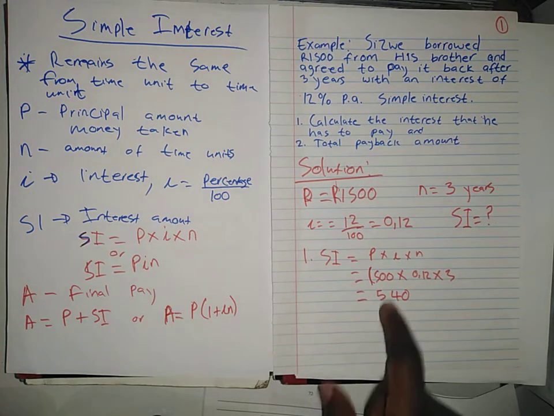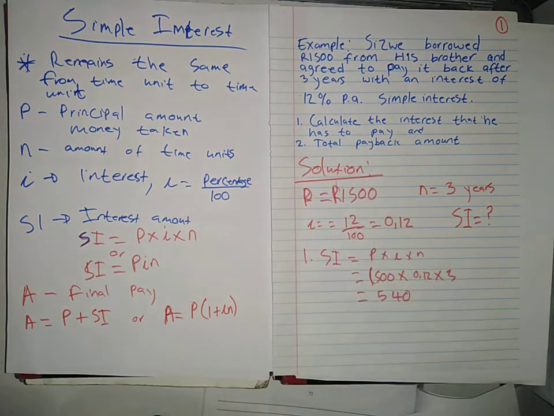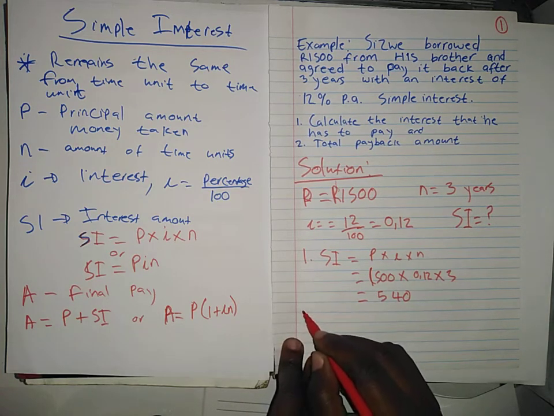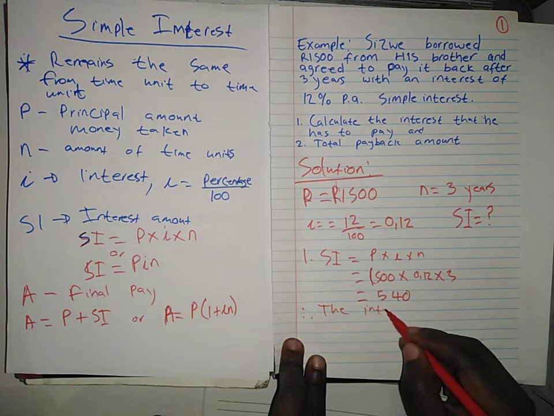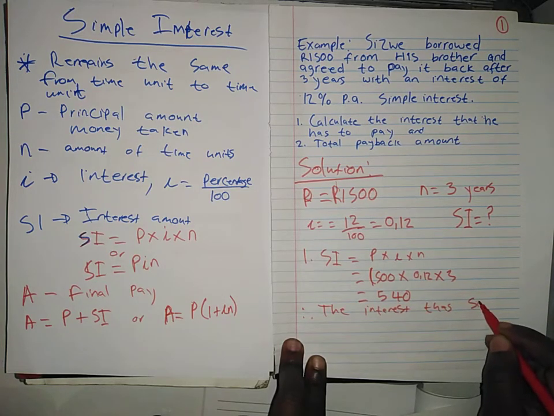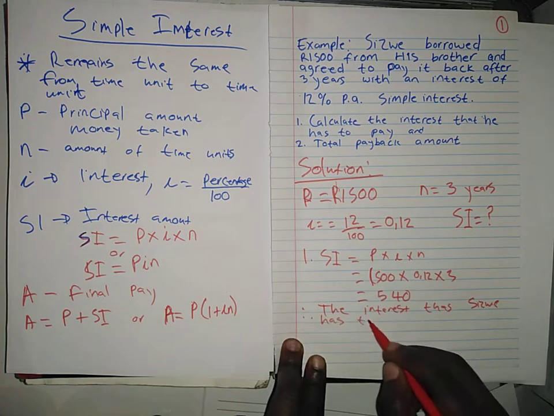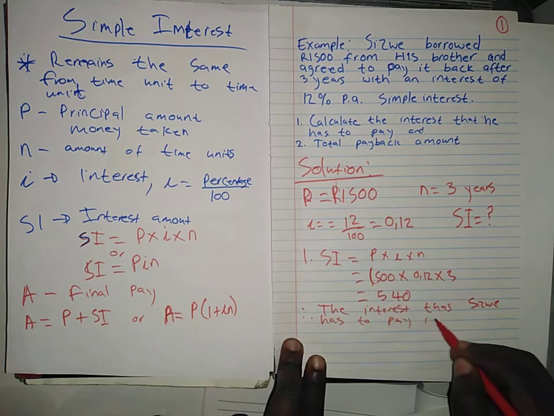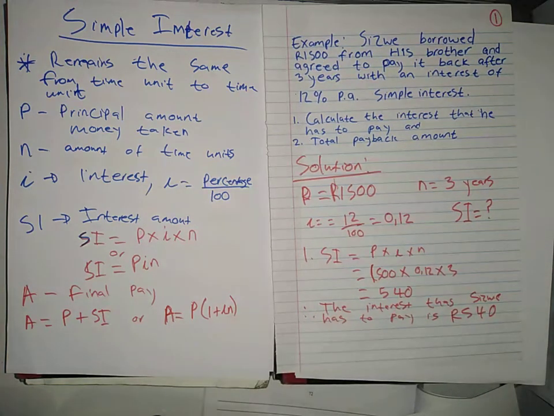So what is the context of the question? Let's look at the question again. Every time when you finish and you got your answer, you must go back to the question itself. The question says calculate the interest that he has to pay. Therefore, you must say, therefore, the interest that Sizwe has to pay is 540 rand.